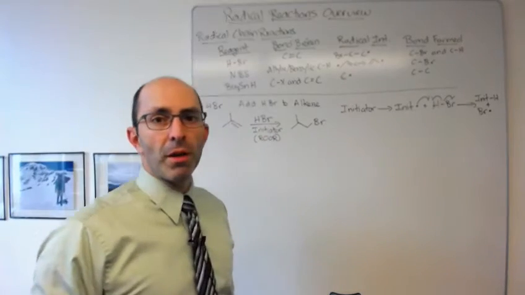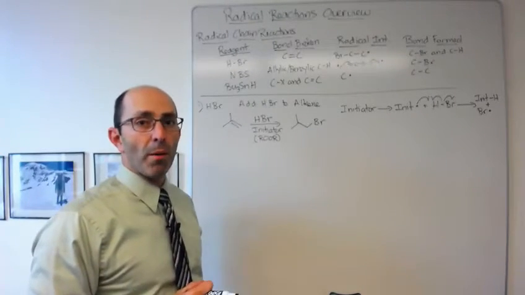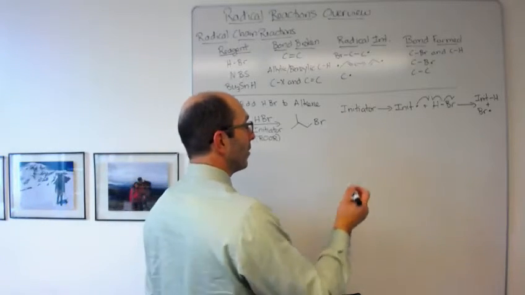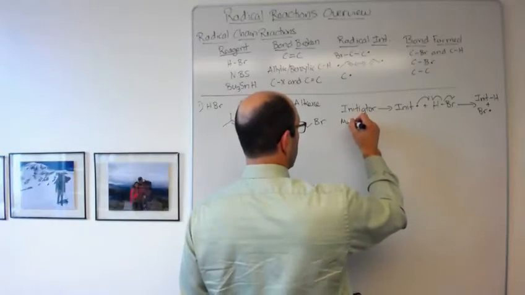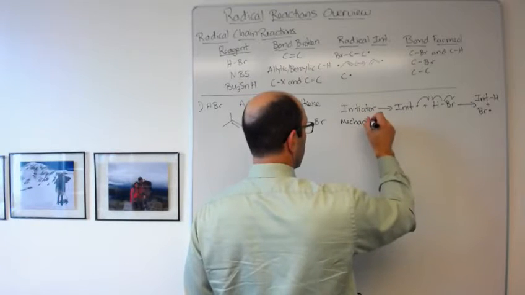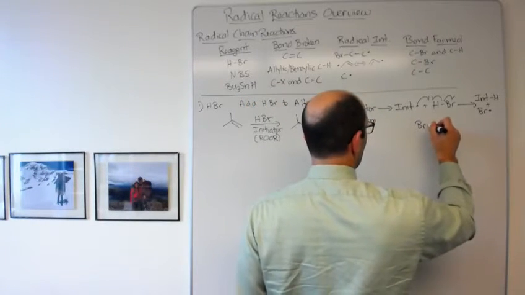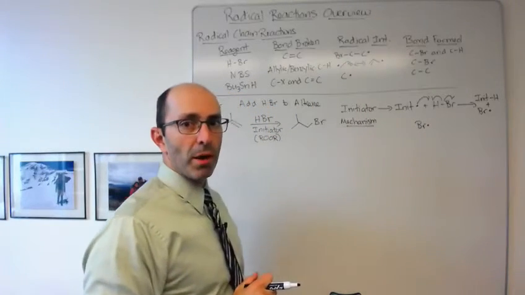And as we talked about in class, Br radical is going to be our chain propagating radical. That's going to enable us to do our radical chain reaction. All right, so let's look at what our mechanism is going to be. In that mechanism, we're going to start with Br radical, which is our chain propagating radical.